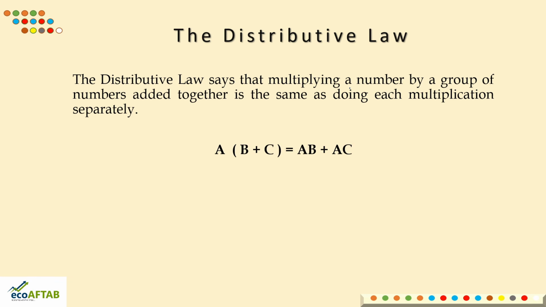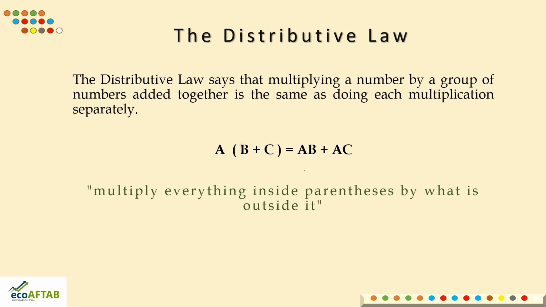So if I say A multiplied by B plus C, it is the same as saying A into B plus A into C. Multiply everything inside the parenthesis by what is outside it. Inside the parenthesis we have B plus C, and outside is A. So A multiplied by B is AB plus A multiplied by C is AC. This is what is called the distributive law.